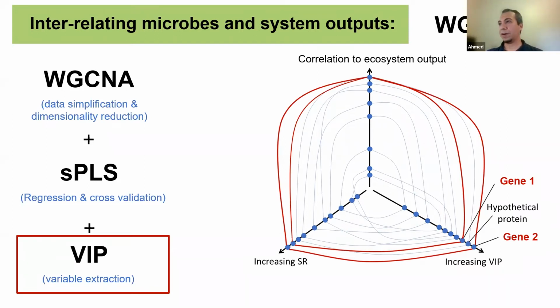So you can have high VIP and low correlation, and this is again a false positive result that you want to exclude. So eventually you want to look at the consensus of the different methods, and this is where you want to focus your effort for more analyses, for the metabolism, for example, of that MAG, or if you are going to follow up on your bioinformatic analysis with an experiment in the lab, then you are putting your money in the right place.